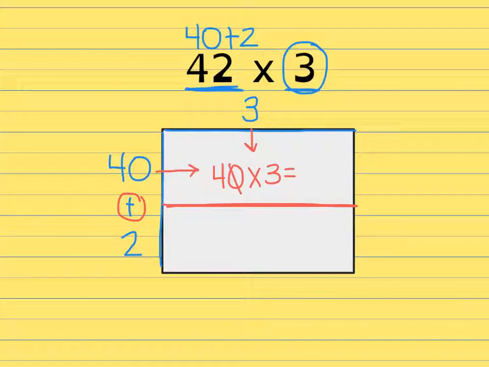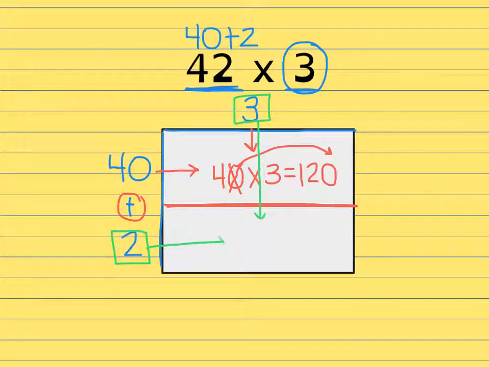I'm going to take away the 0 because I know that 4 times 3 is 12, and I can add that 0 back in once I'm done multiplying. Next, I'm going to look at the 2 and the 3. 2 times 3 is 6.